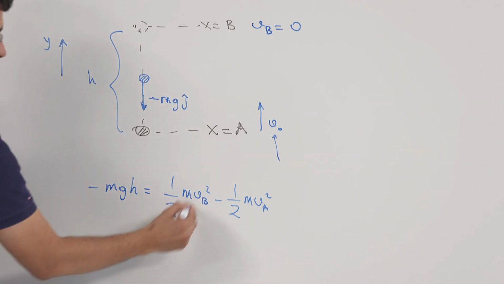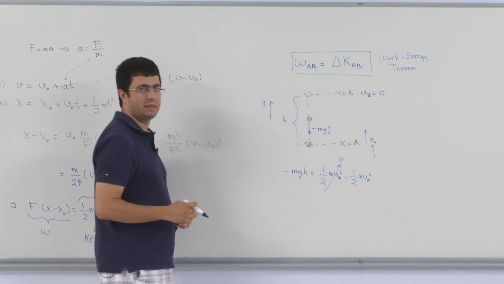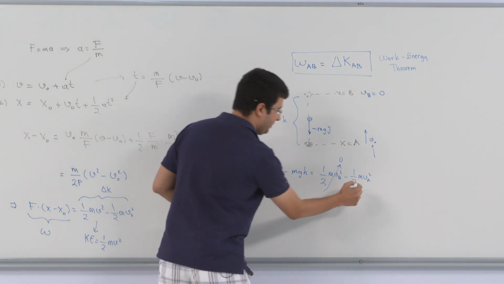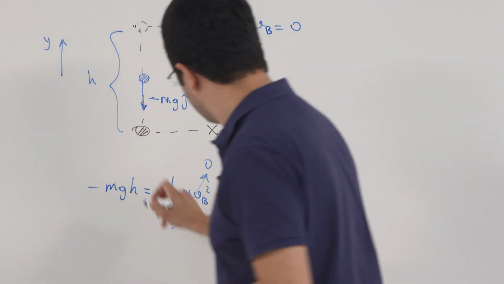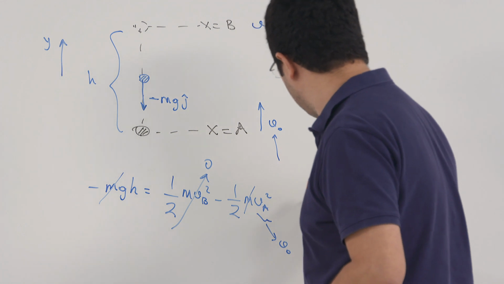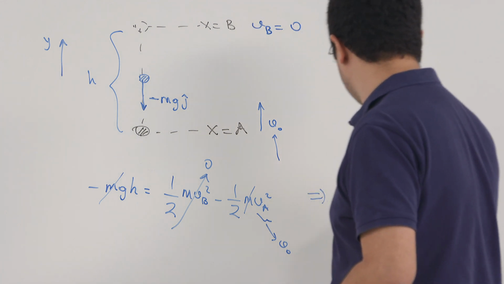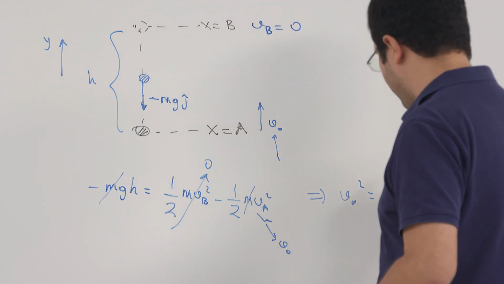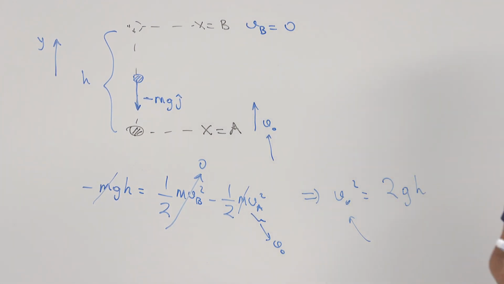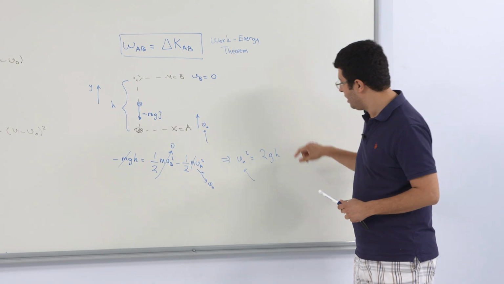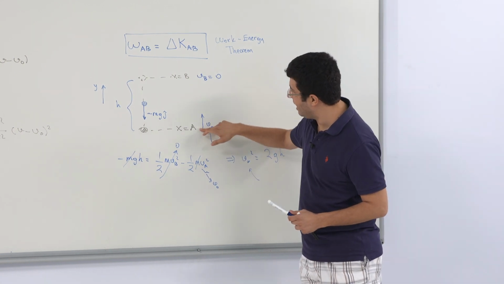Well, vb is 0, that's the final speed. So the initial speed, va, which is what I call v0, I can solve for, eliminating m's, and v0 square is simply 2g times h. So if I give this amount of initial velocity and I let gravity do work, I'll take my baseball from xa to xb.